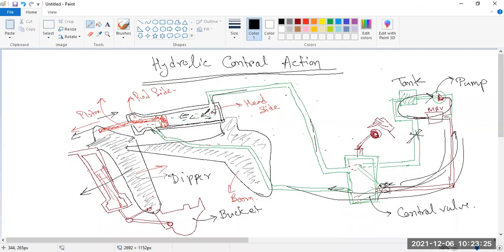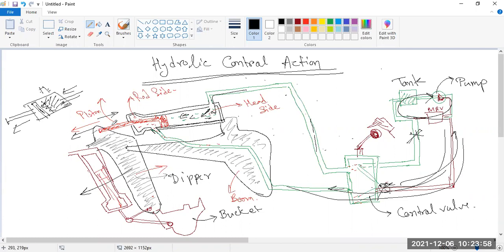If you get this picture, then I'm giving this example. If this portion becomes full of liquid, then this piston will move in this side, just like this, because you push the fluid over here, this is the head side, then the piston will become outermost, and whenever the piston is coming, it will apply some force to this dipper.